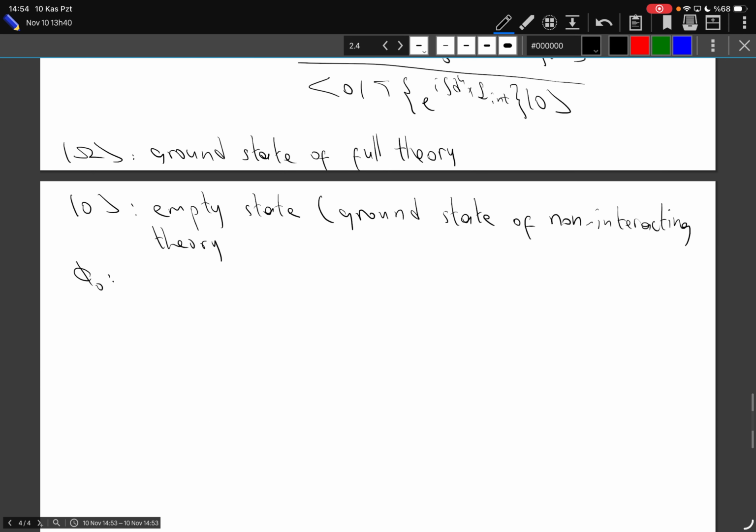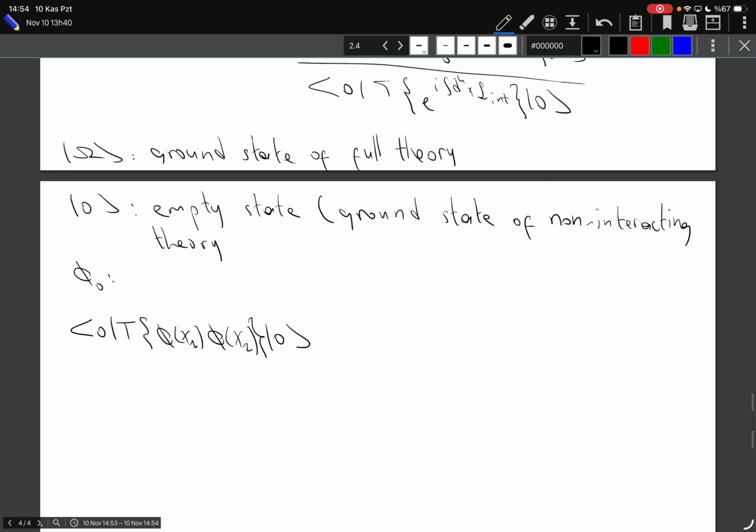So let's start with the Feynman propagator. We had already calculated it using one method. Remember our derivation, we had this time-ordered product of phi of x1, phi of x2.